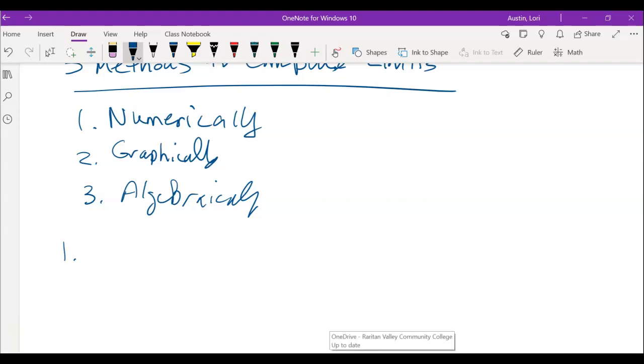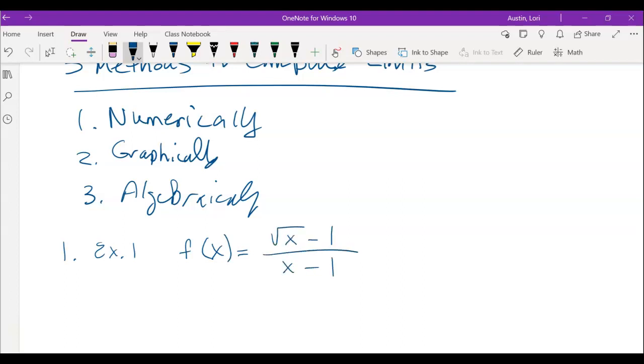We're not going to graph it. So, for example, 1. I want to look at this function. Okay.